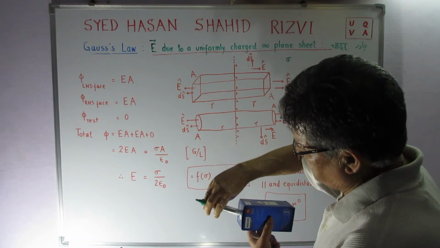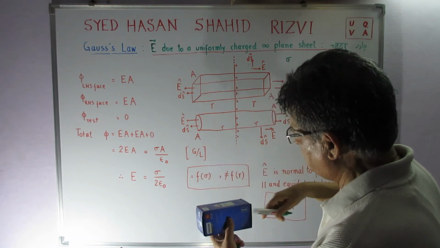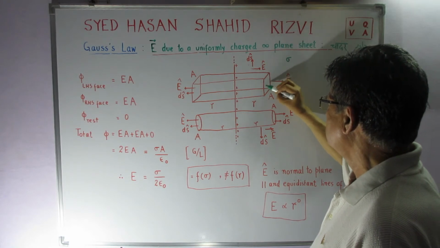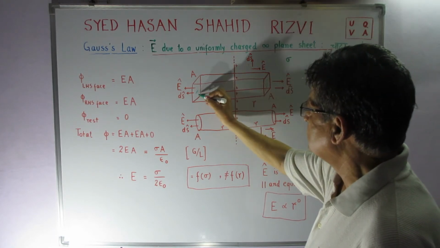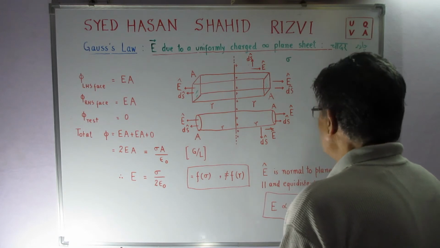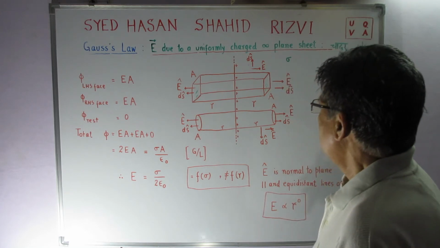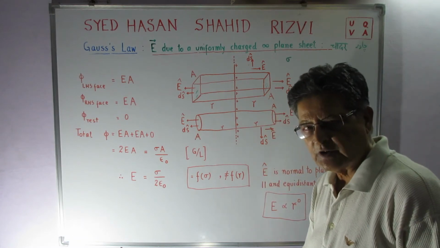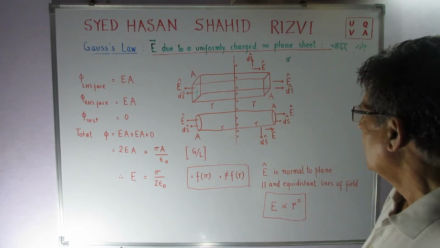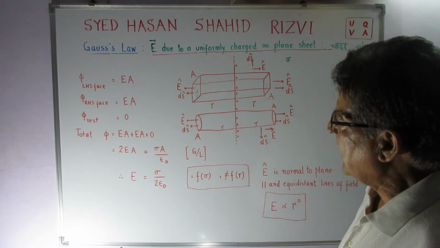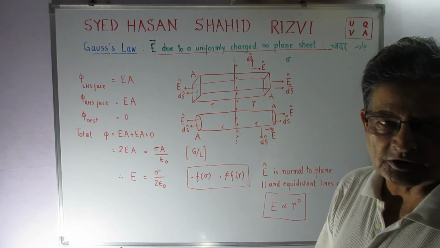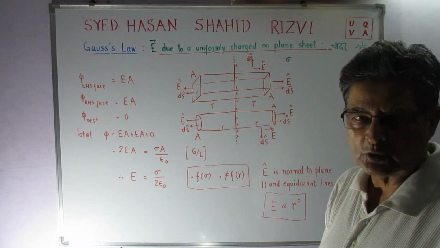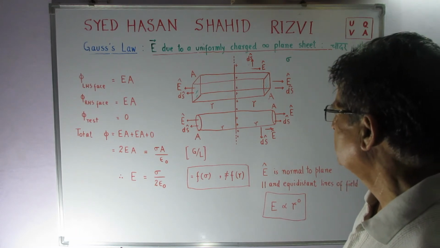But these two surfaces on the sides will matter. This surface and also this surface. At this surface the area is, let us suppose, capital A. The ds vector and E cap are both parallel to each other, and therefore E dot ds will be equal to E ds.